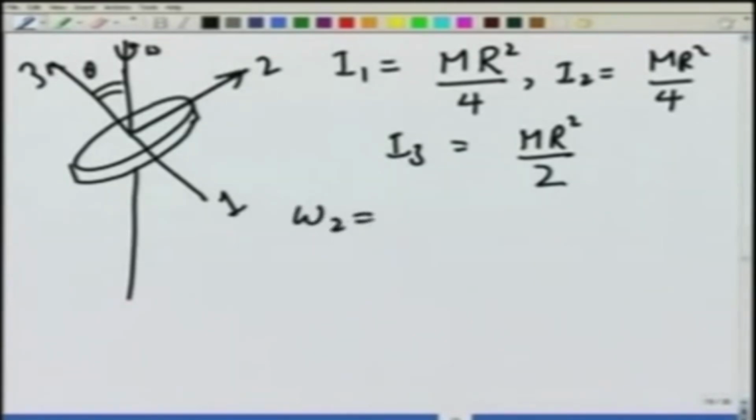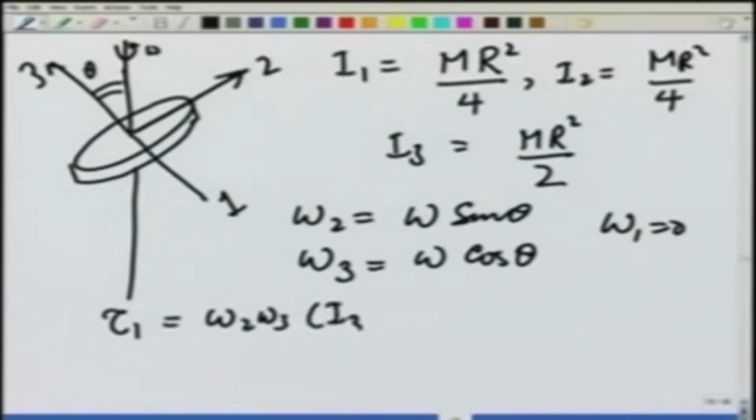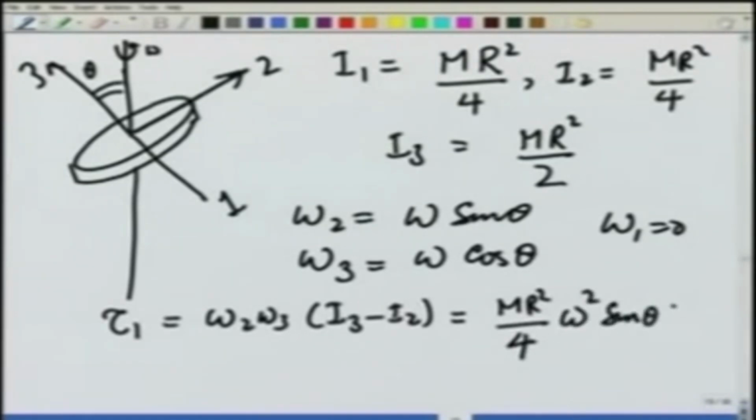Omega 2 is equal to omega sine theta, omega 3 is omega cosine theta. If I want to calculate torque, tau 1, and omega 1 is obviously 0, is omega 2 omega 3 times I3 minus I2, which gives me m r square over 4 omega square sin theta cosine theta.